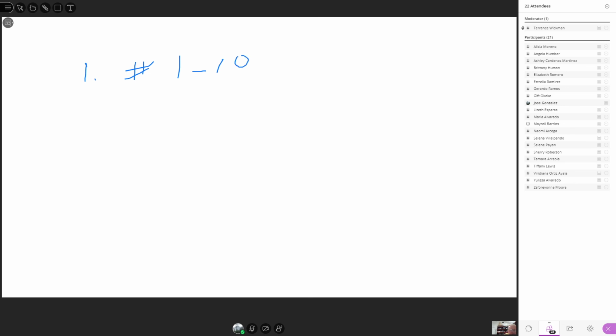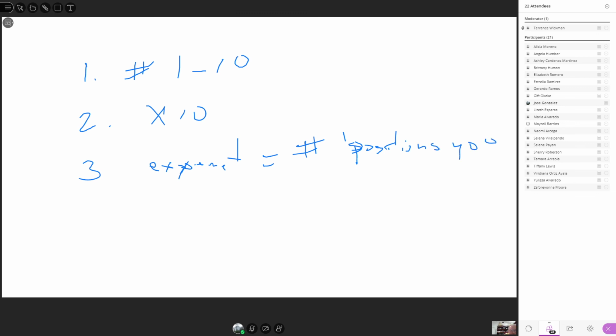Between 1 and 10. 2, the number has to be times 10. 3, the exponent equals the number of positions you move the decimal. Number 4.